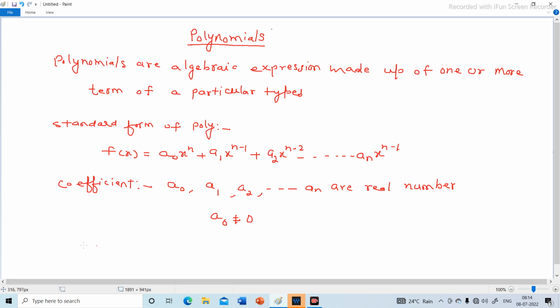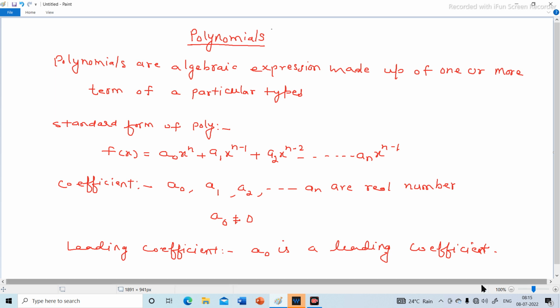Now, leading coefficient. What is the leading coefficient? a0 is the leading coefficient, because I am starting with a0, that's why it is the leading coefficient.